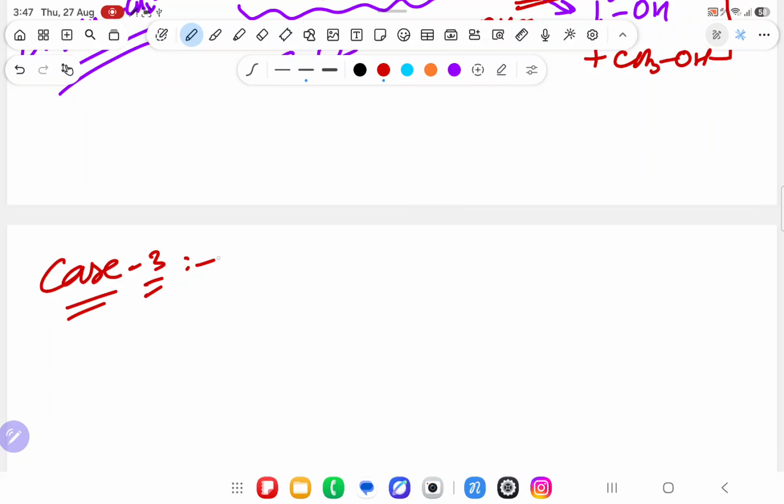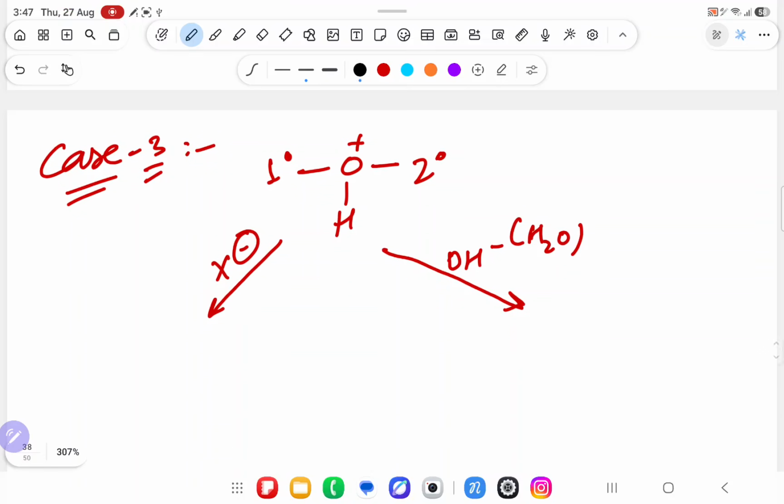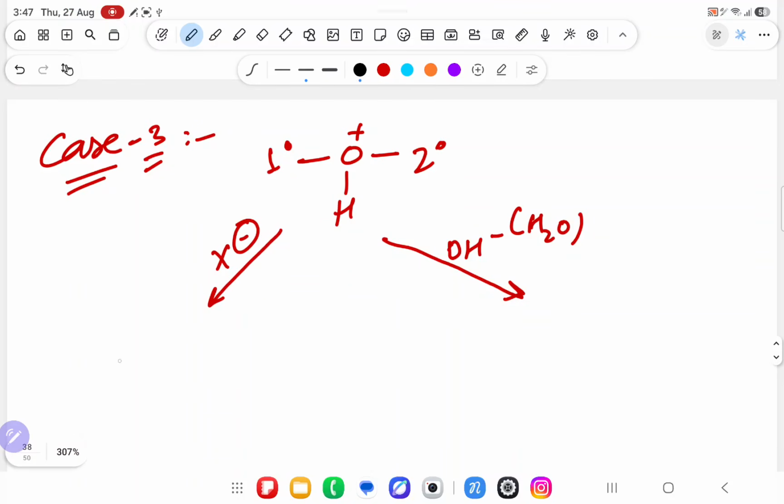Case number 3 is saying: suppose this side you have 1 degree plus H that you have got, and this side you have 2 degree. Now X minus can attack over here, and OH minus from H2O can attack over here. In this part, what will happen? Because this is 2 degree, the 1 degree will get X and the 2 degree will get OH, meaning it will break from here.